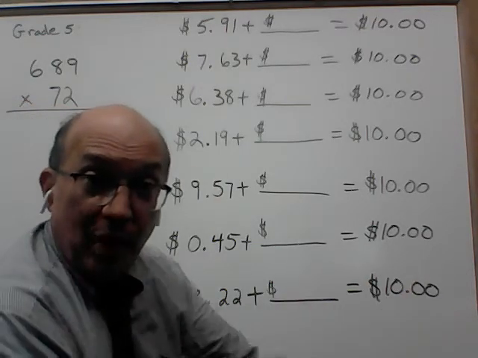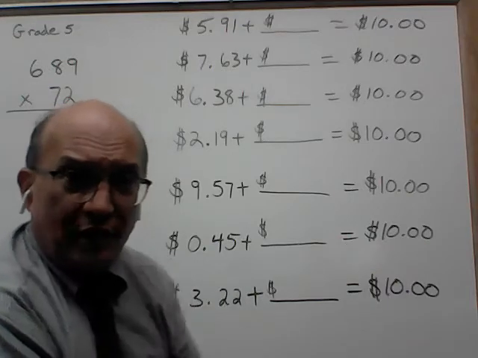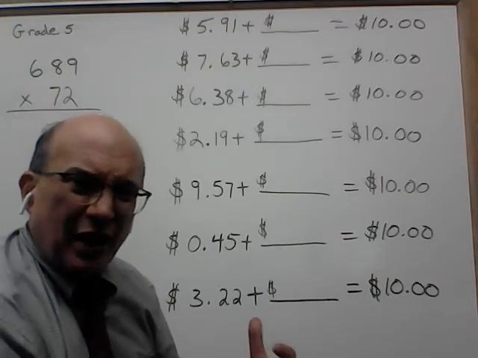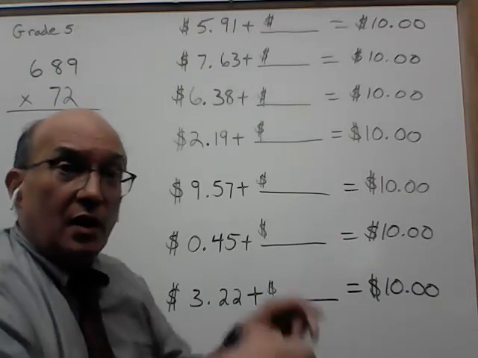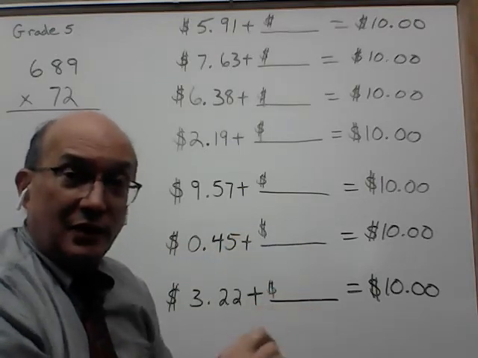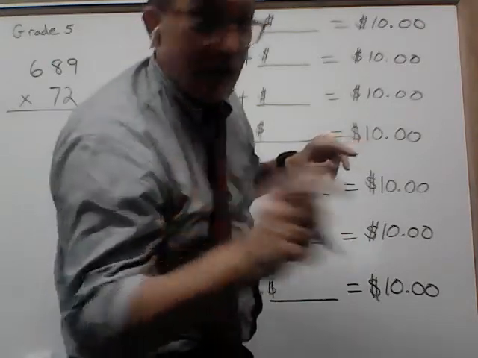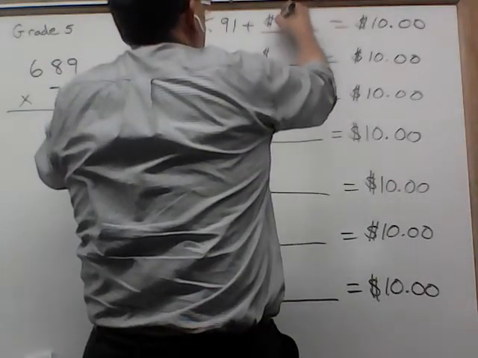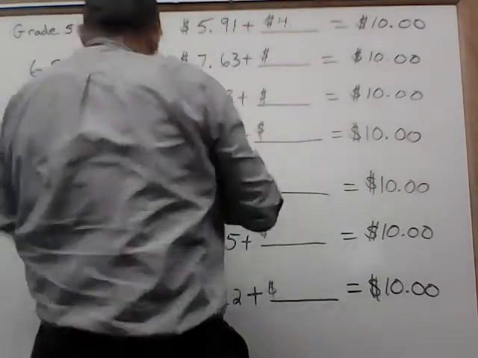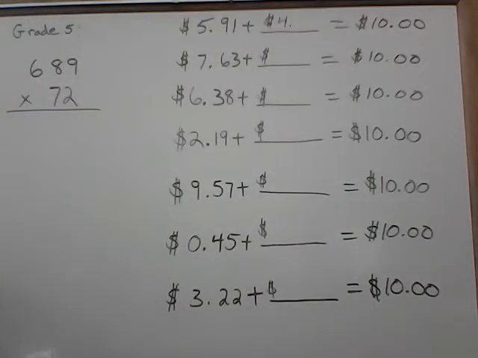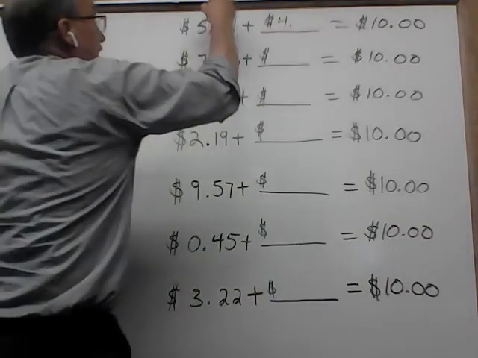$5.91. You're not going to get back $5. You spent more than $5. So you're going to get back 4 and change. 9 plus 1 is 10. That's how these are going to work. So we have to get $9 when we add with the $5, we have to get $9.